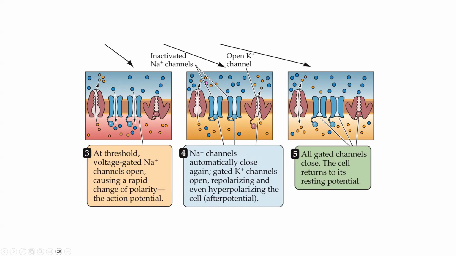So much potassium leaves the cell and just the sodium is left, that actually what happens is it hyperpolarizes, meaning that it's almost too much negative and not enough positive in the cell. And then after that, all the gated channels close. And then we return to the resting state of just these channels that transport potassium back and forth.